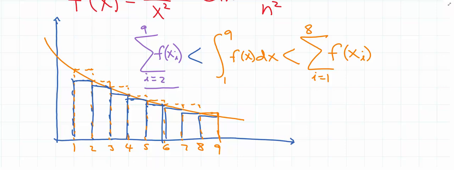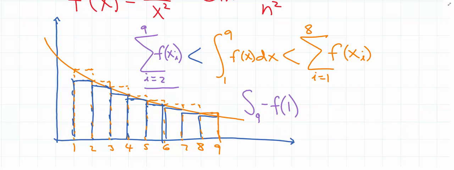But I'm leaving off this part right here. So on the left-hand side, if I wanted to write that as the ninth partial sum, I would need to subtract off f of 1.